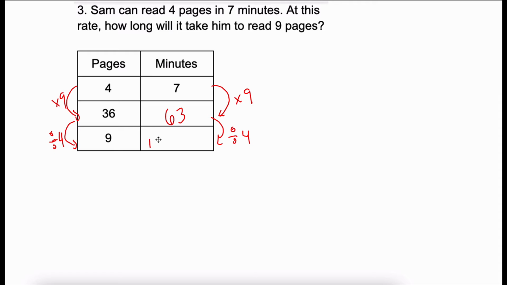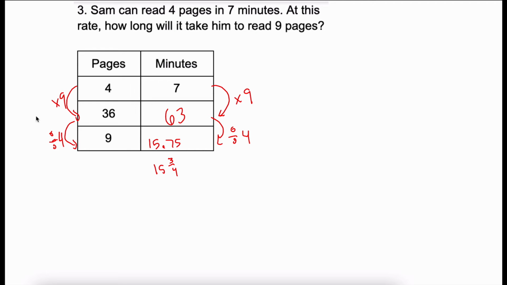So acceptable answers would be 15.75, 15 and 3/4. I guess you could have also had 63/4, and I would have taken any of those answers. They're all equivalent, so any of those work. So in almost 16 minutes, 15 and 3/4 minutes, Sam can read 9 pages, if in 7 minutes, he can read 4 pages.